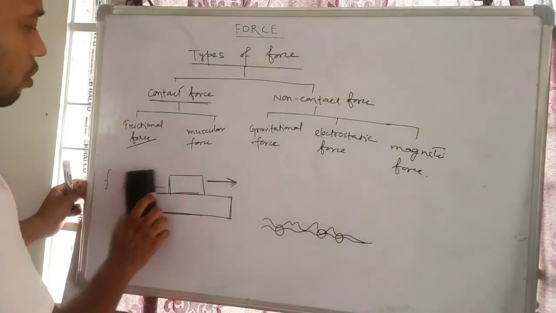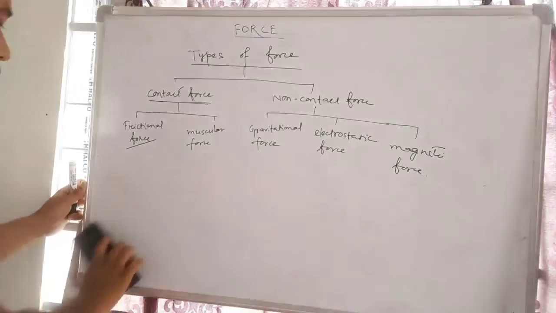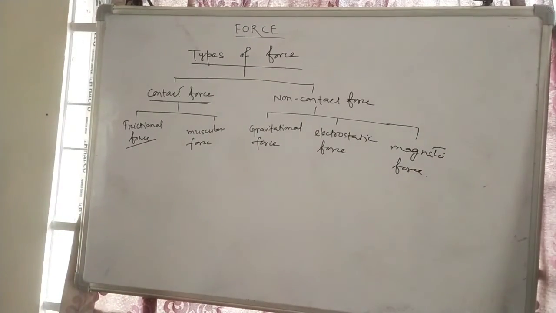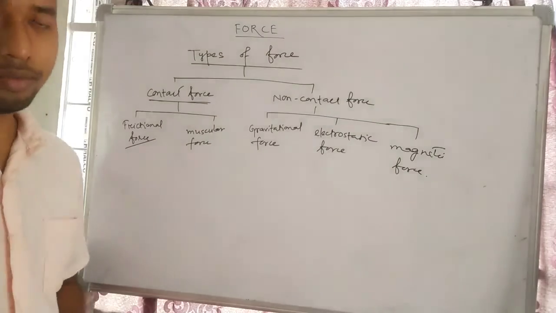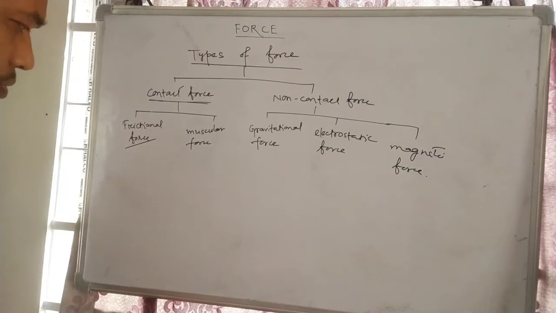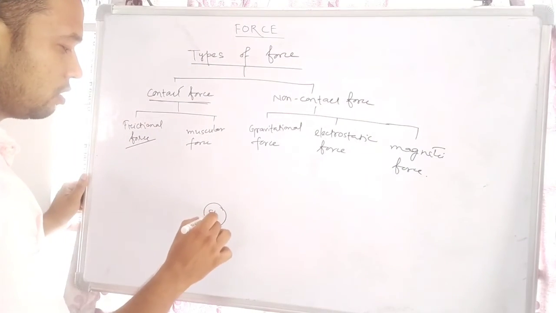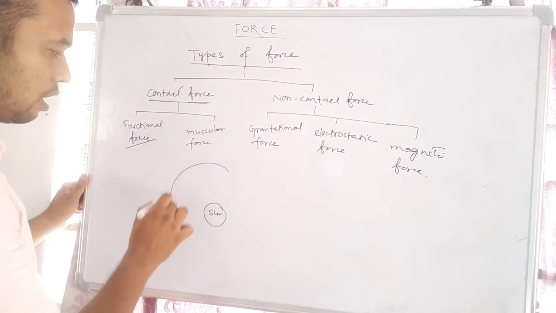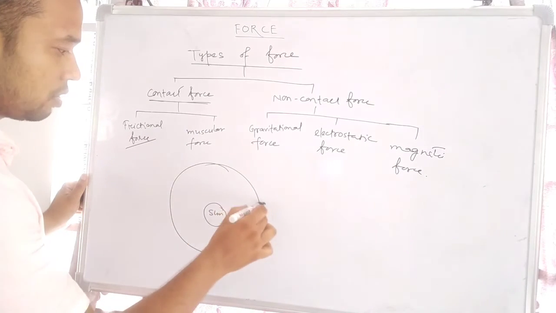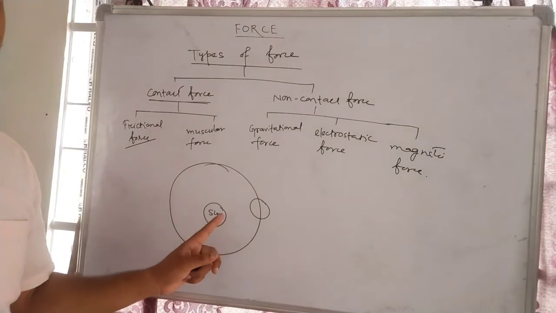Next, non-contact force. What is non-contact force? It is such type of force which comes in action without any contact. That's the example of gravitational force. In the solar system, this is the sun, and our earth is rotating in its orbit. There is a very large distance between the sun and earth.